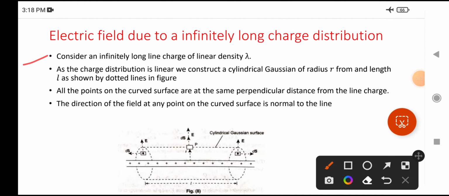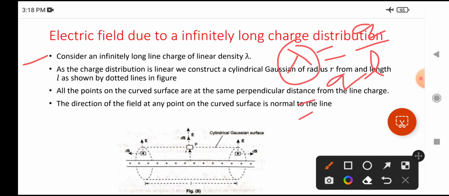Consider an infinitely long line charge of linear density lambda. Linear density is defined as charge per unit length. Charge per unit area is called surface density, denoted by sigma.